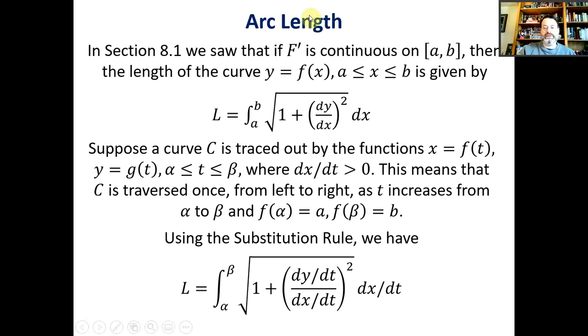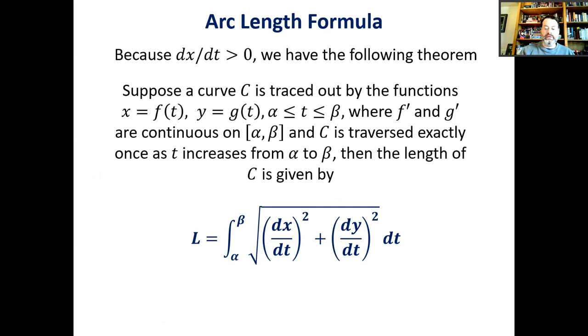So what happens is, we already know the derivative of y with respect to x is this. But the chain rule here turns dx into dx/dt. Well, we can actually bring this thing inside the radical, which might seem like a silly thing to do, but it's not.